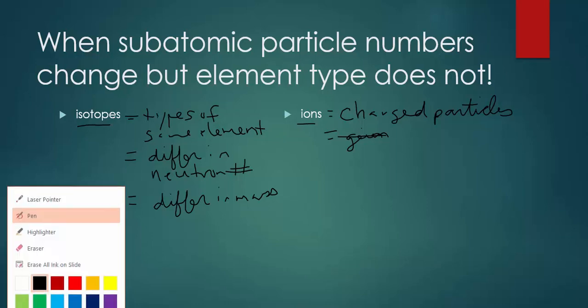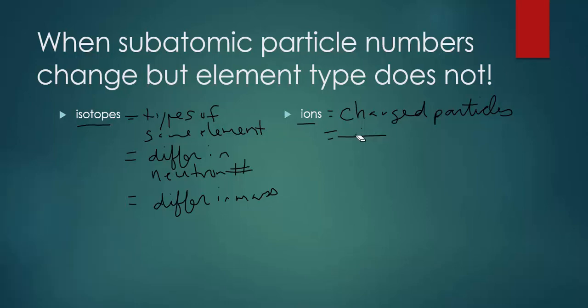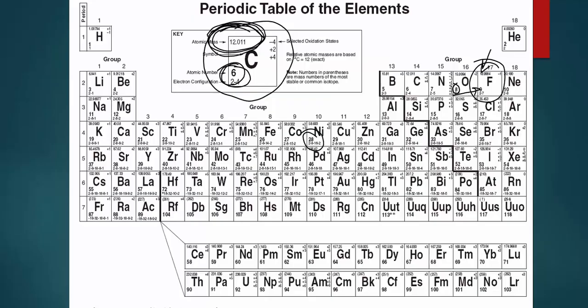Let me erase that. You either need to gain or lose electrons. So, for instance, let's go back to, well, let's just do potassium here.